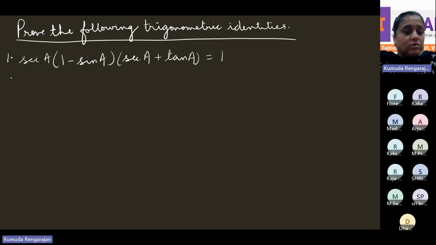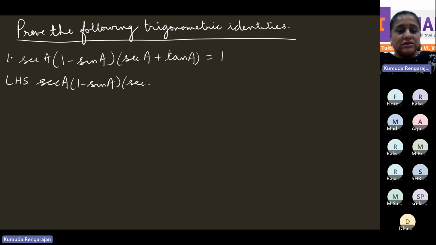To begin with, we take up the LHS. LHS is secant A into 1 minus sin A into secant A plus tan A. We know the basic fundamental as to how to prove something.